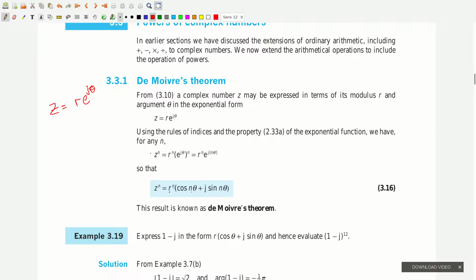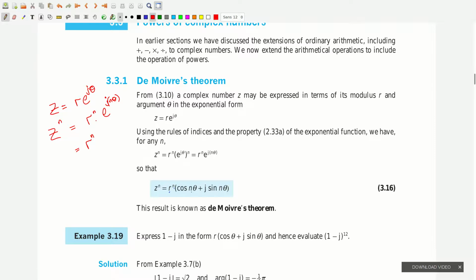Okay, so if we want z raised to the nth power, definitely we are going to raise the right hand side to the nth power, and then this is what we come up with. Okay, and then we can write this again in polar form.